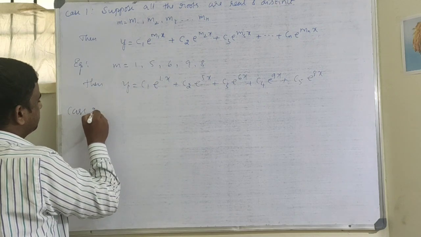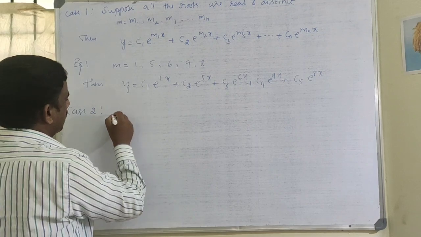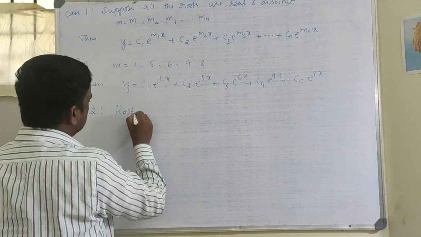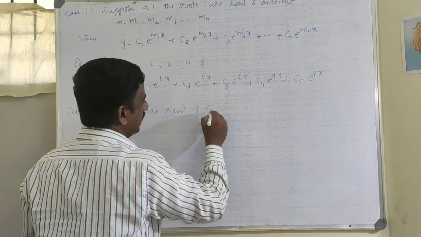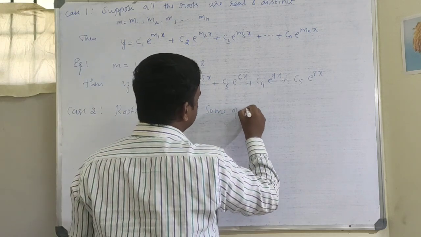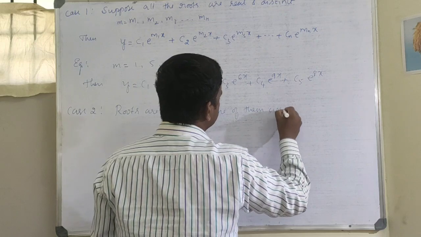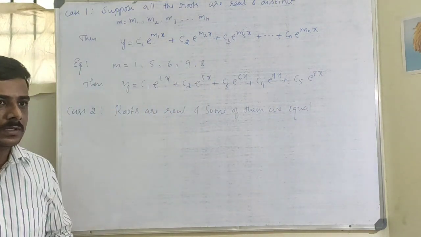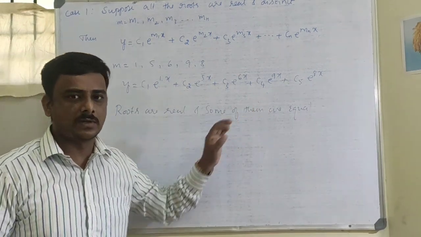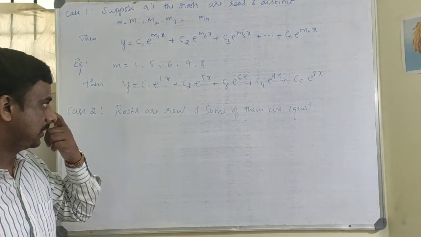Case 2: roots are real and some of them are equal. There are totally n roots and some of the roots are equal. In that case, how to write the solution?